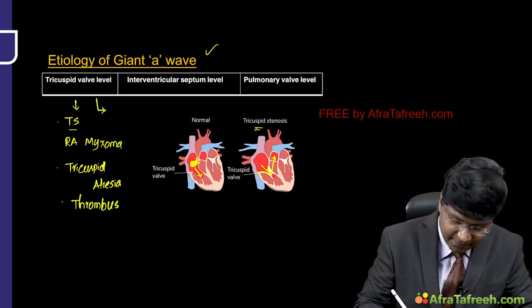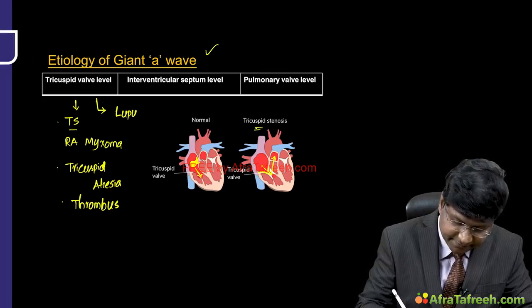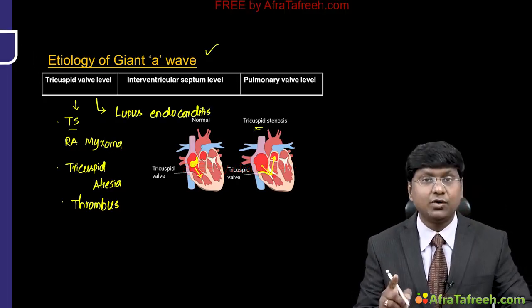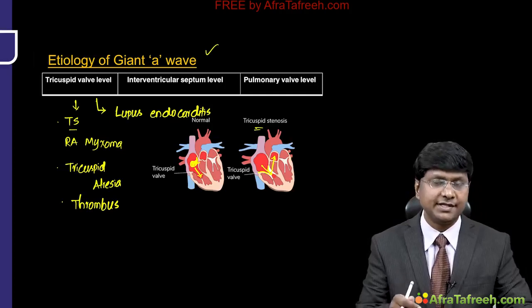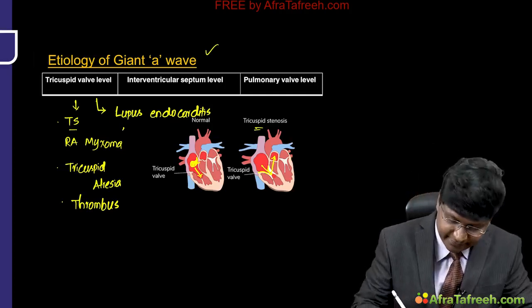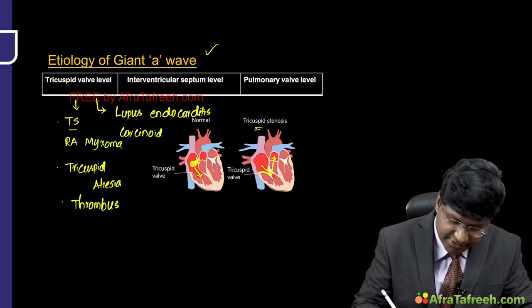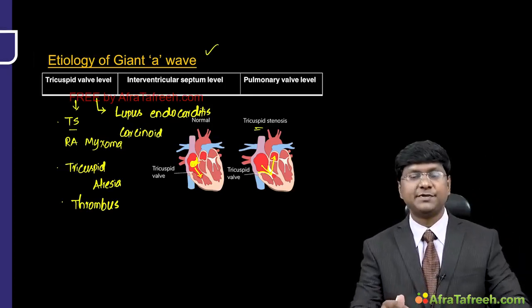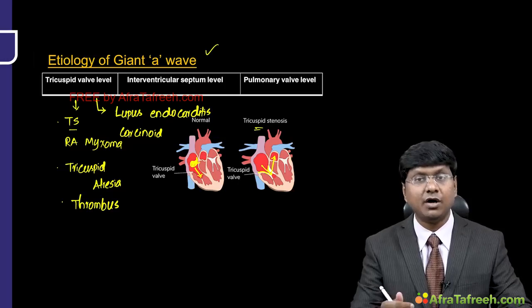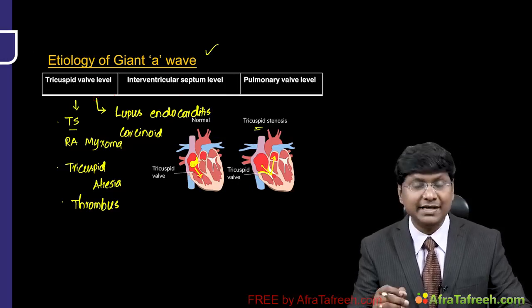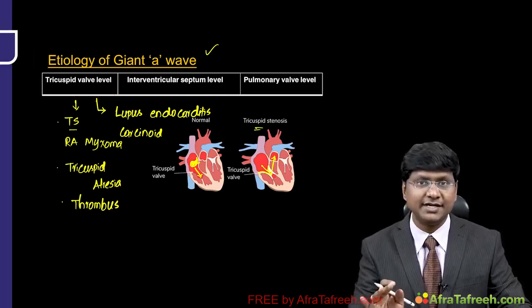Next, in conditions like lupus endocarditis, because in lupus endocarditis there can be involvement of the tricuspid valve. Then in carcinoid syndrome, because in carcinoid syndrome there can be tricuspid stenosis or tricuspid regurgitation, or even pulmonary stenosis also. So that can cause the increase in right atrial pressure resulting in giant A wave.